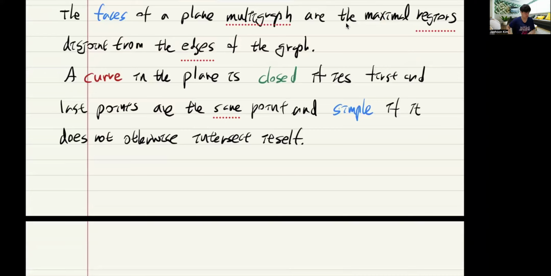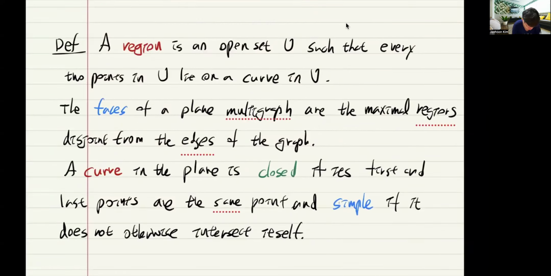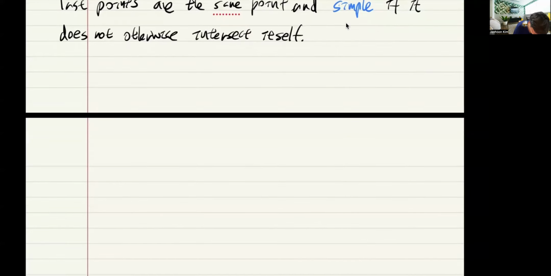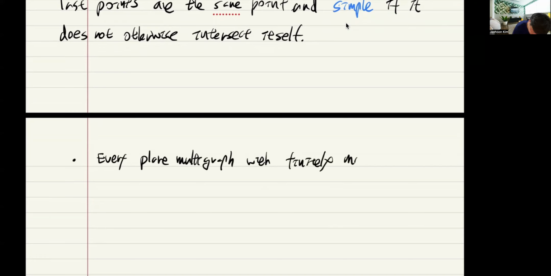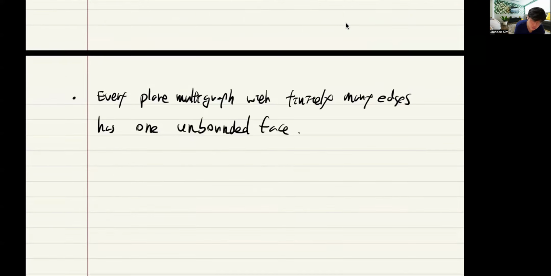And with this definition, we can see some properties of these faces. So first, it's easy to see that every plane multigraph with finitely many edges has one unbounded face. Why?